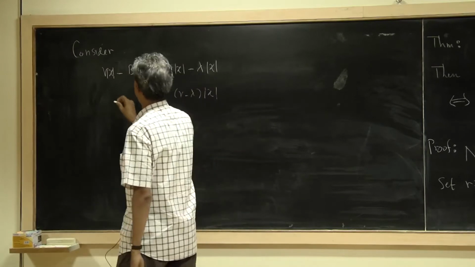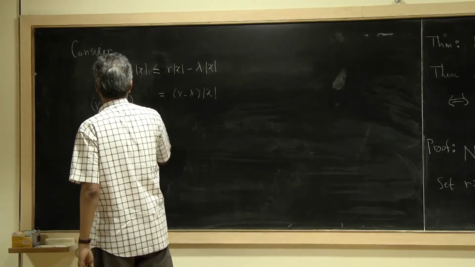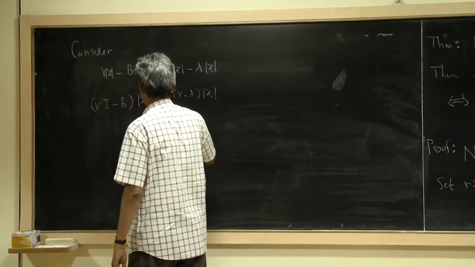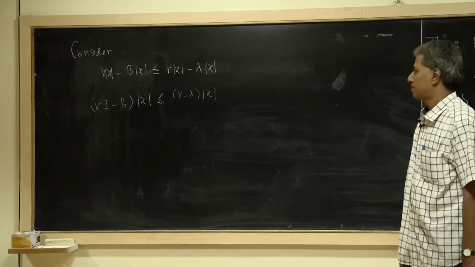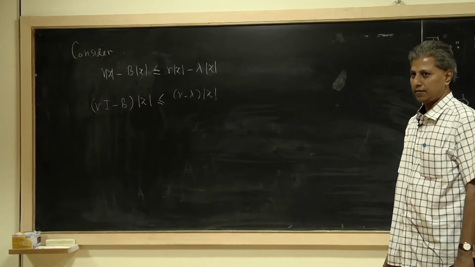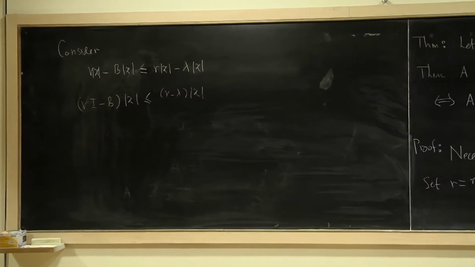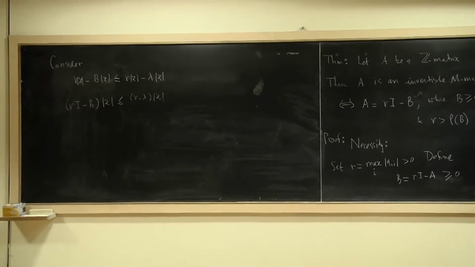And the right hand side, I can rewrite it as RI minus B operating on mod x. This is okay. Now make use of the fact that RI minus B inverse is non-negative.